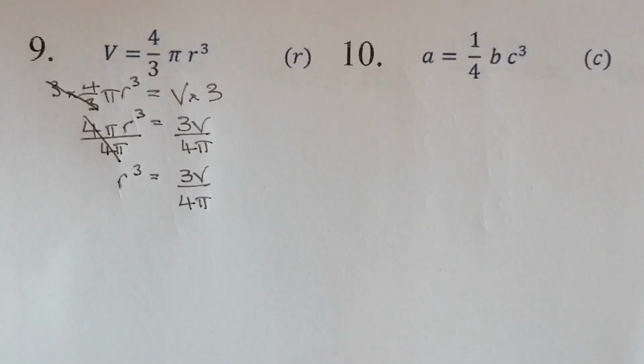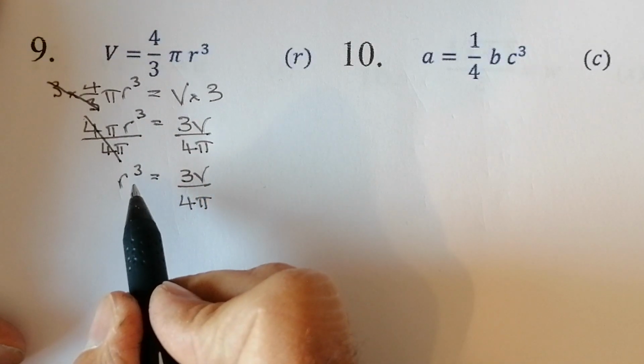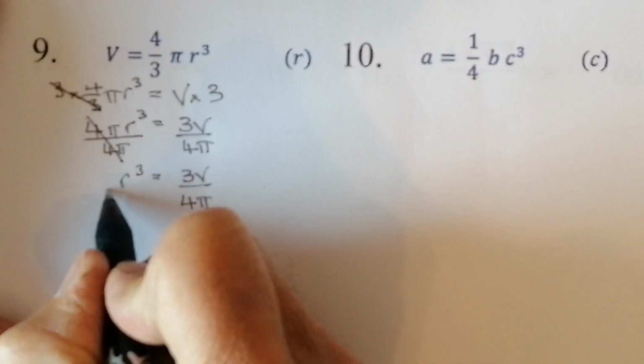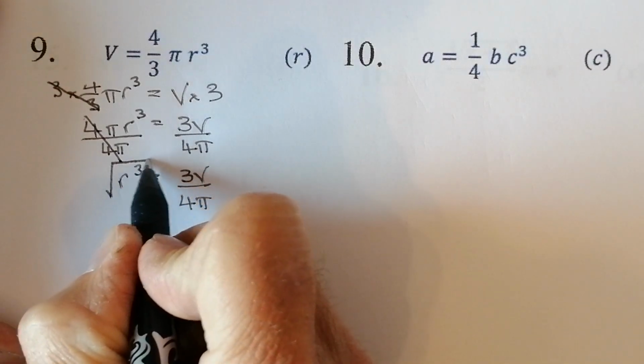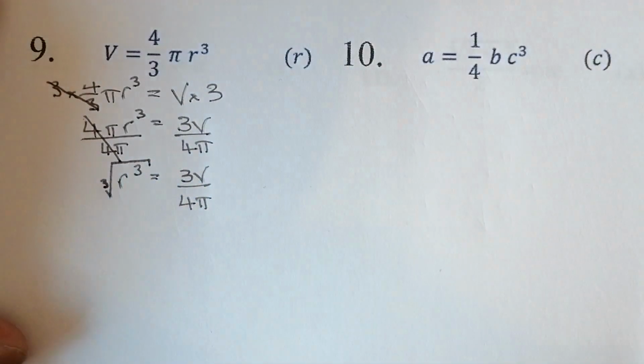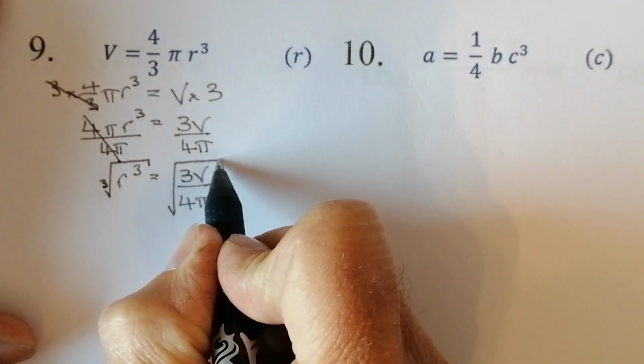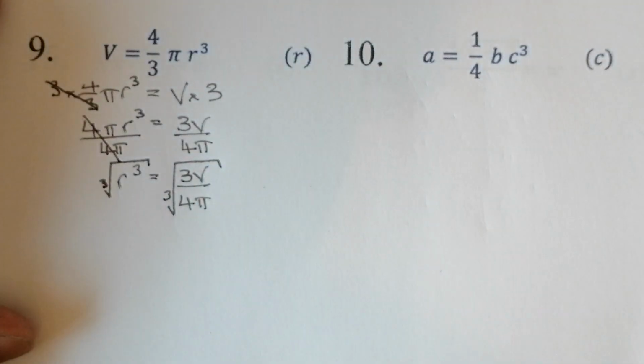Okay. Now what I'm then going to do is I'm going to take the cubed root, as it's called. So the cubed root is a root sign with a small 3 there, and that's why the 3's are cancelling out. Okay, and I'm going to do the same to this side with a 3 there.